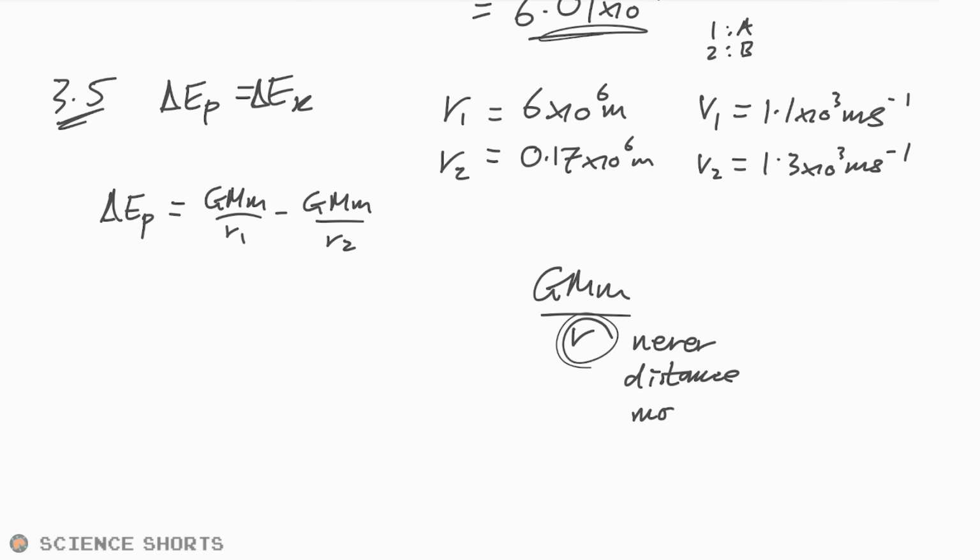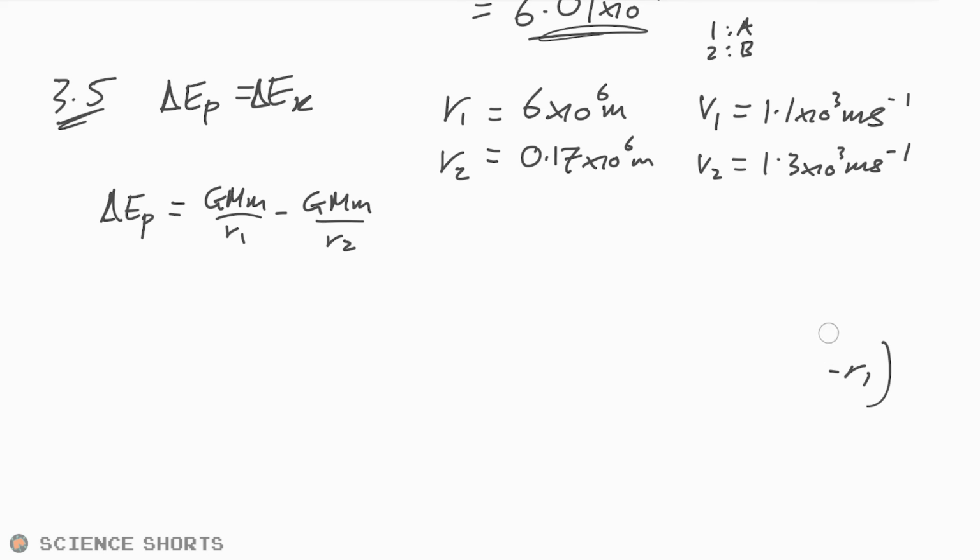So you can't just do 6 take away 0.3. This is never R2 take away R1. So get that out of your head. You have to do the total energy 1, take away total energy 2, and that's what I've done here. However, you can then factorize it, of course, and so that's going to be GMm, and then factorize that: 1 over R1, take away 1 over R2.